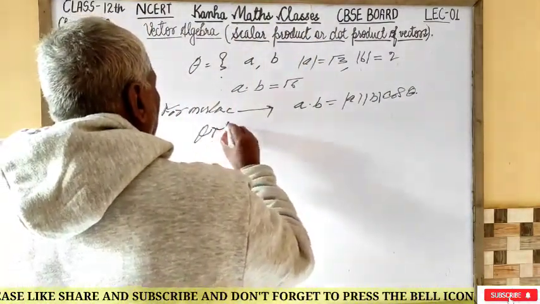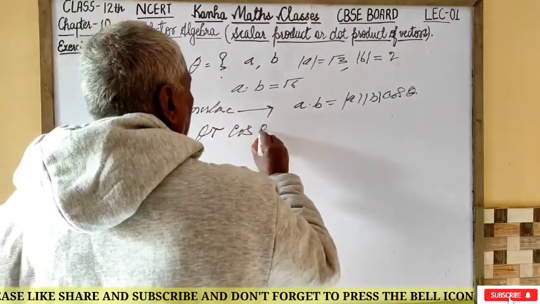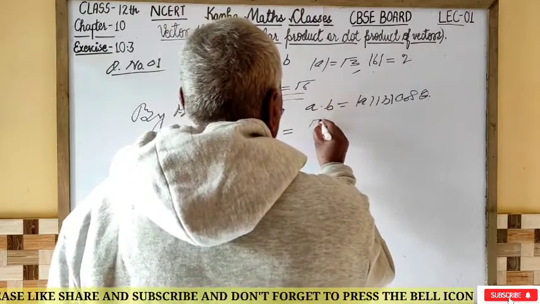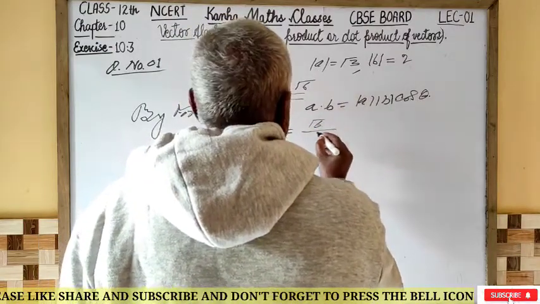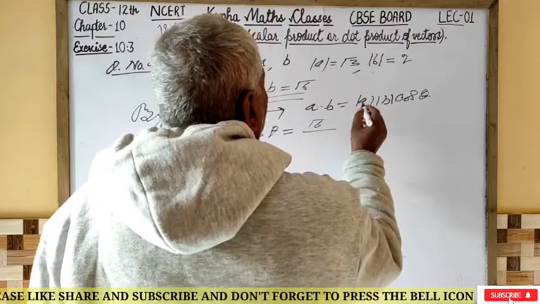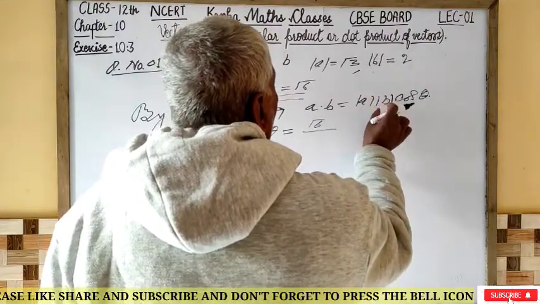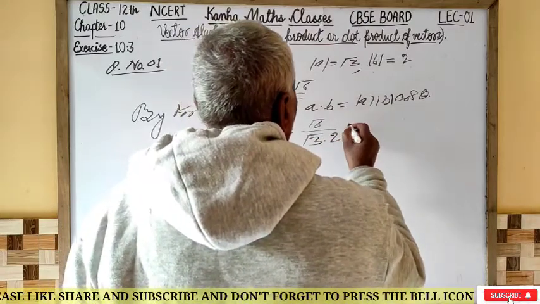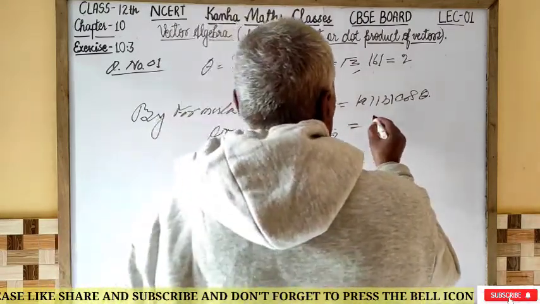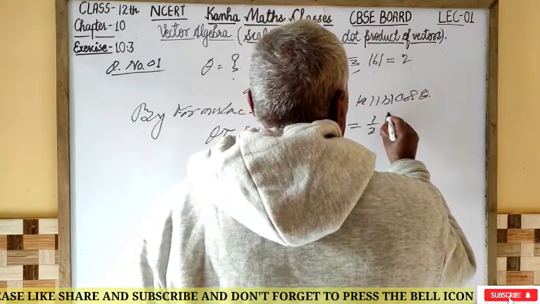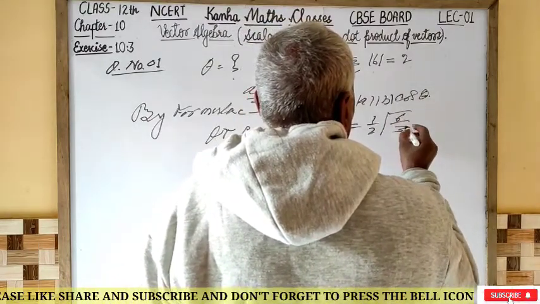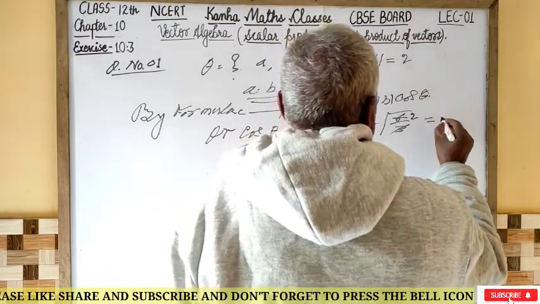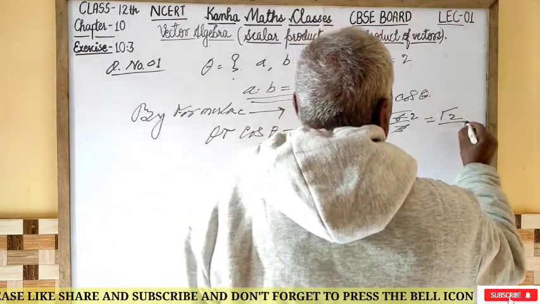or cos theta is equal to A dot B, that is √6, upon mod of A mod of B, √3 into 2. √6 by √3 is √2, so that is √2 upon 2.